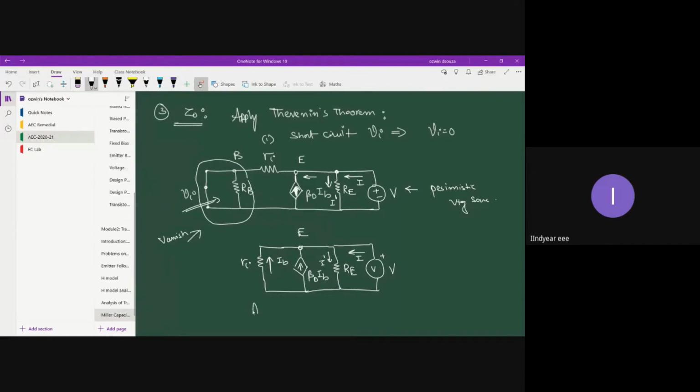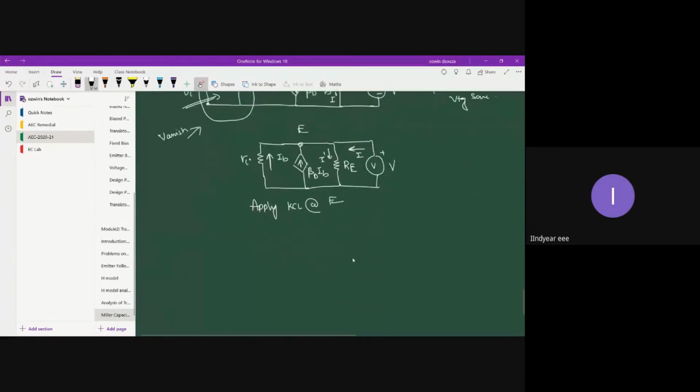So apply KCL at node E. Node E will give us IB, incoming current, plus the second incoming current, beta D times IB, then you have this current, which is I minus I dash, correct?